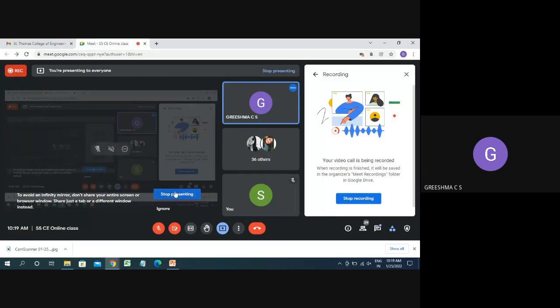All of you take the IS code. Page number 71 ആണ്. IS code page number 71 ല് they are mentioning something about spiral ties, how to design a spiral tie. So let's see what the IS code says.